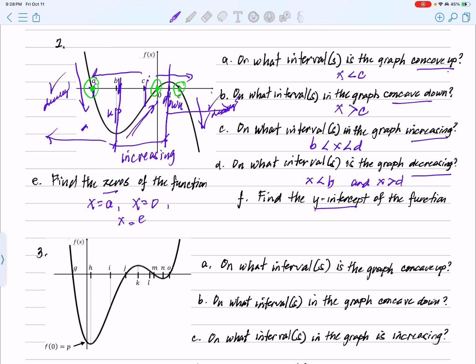And the y-intercept, if this is x-intercept, this is also y-intercept. The point where it intersects the y-axis. So it happens to be when y equals 0.